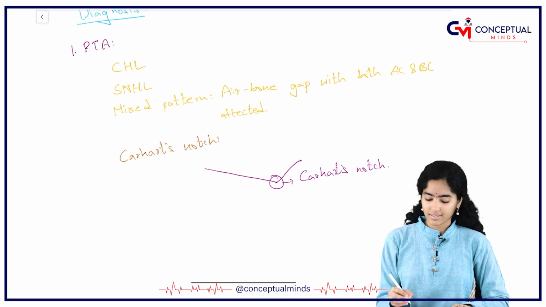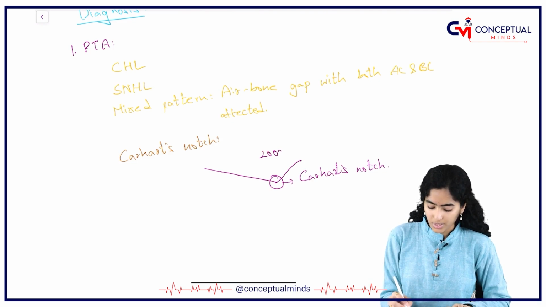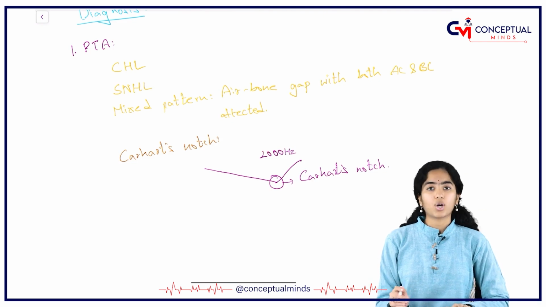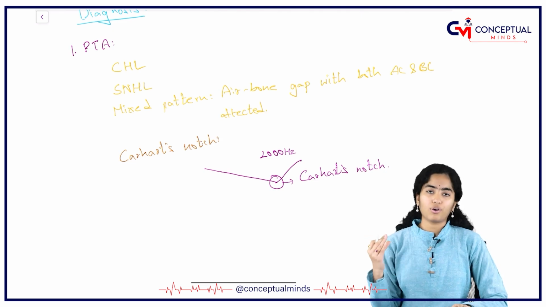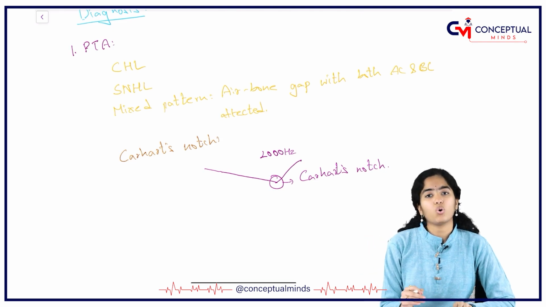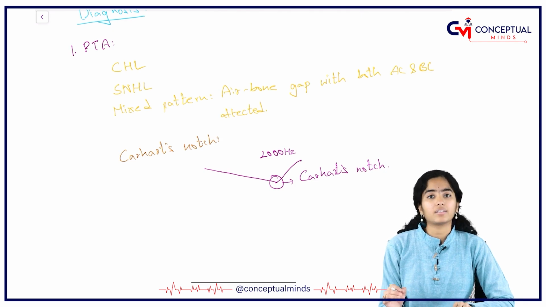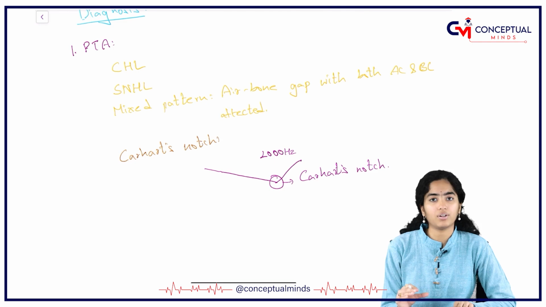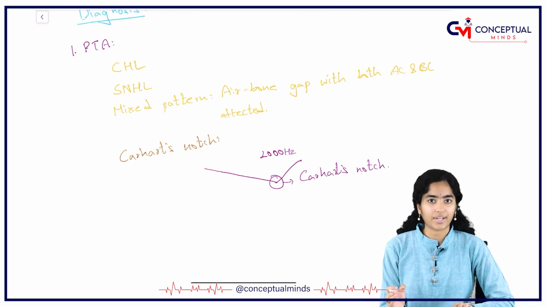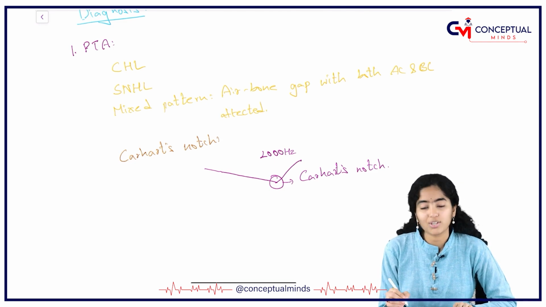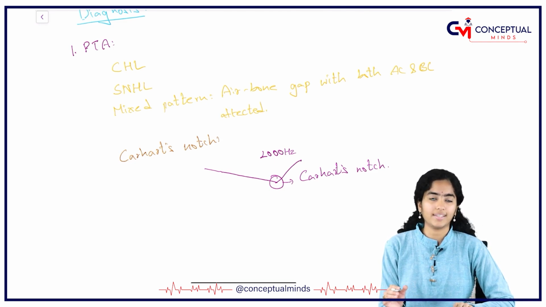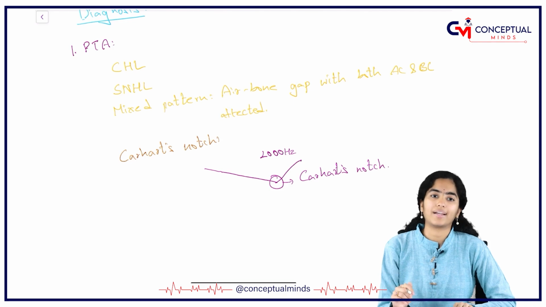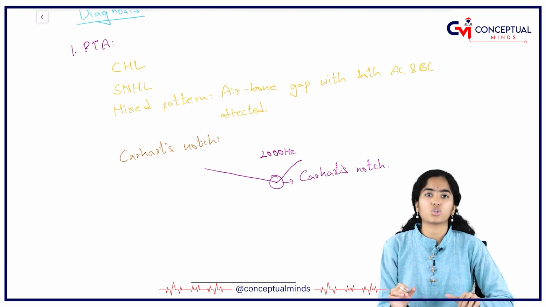And why does this Carhart's notch occur at 2000 Hz frequency? Because if you remember, each of the conductive apparatus has its own natural resonance, and the natural resonance of the ossicular chain is somewhere between 500 to 2000 Hz, and the stapes footplate, when affected, will show maximum changes at 2000 Hz frequency, which is observed as a dip, and that is called Carhart's notch.